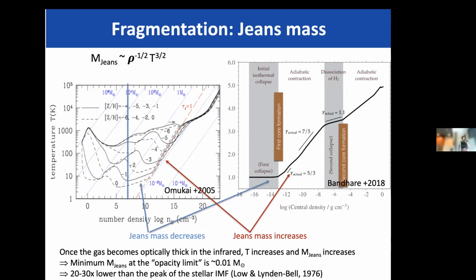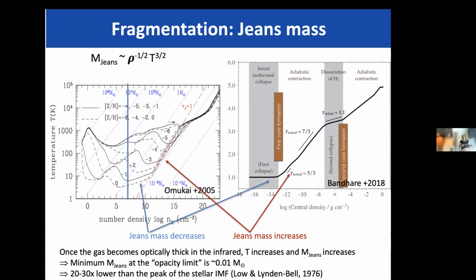So once you hit the opacity limit, your dust becomes optically thick in the infrared, and then all of a sudden this cooling breaks down, right? So this would happen at densities of around 10^12 or so. So it's indicated here. It could already start a little bit earlier, and then it would really start to be optically thick in this regime.